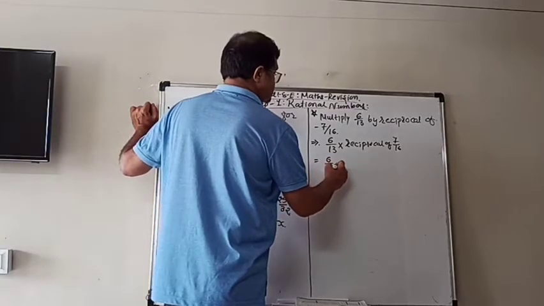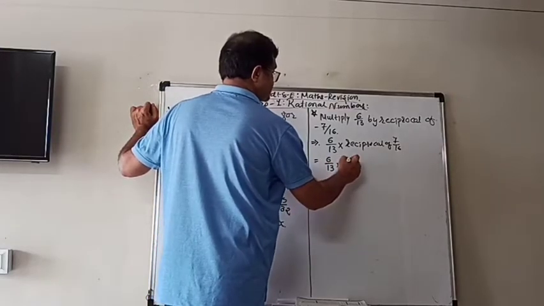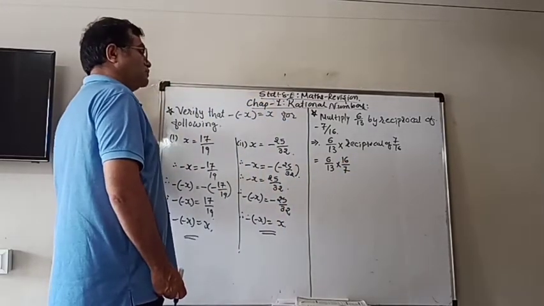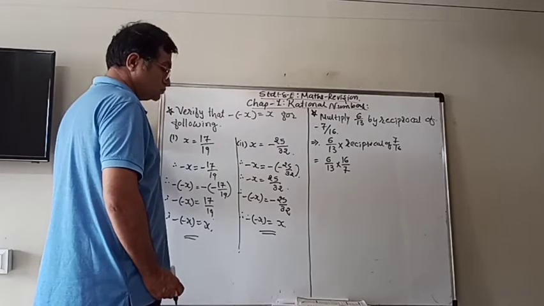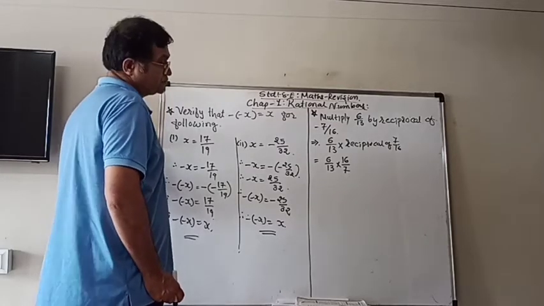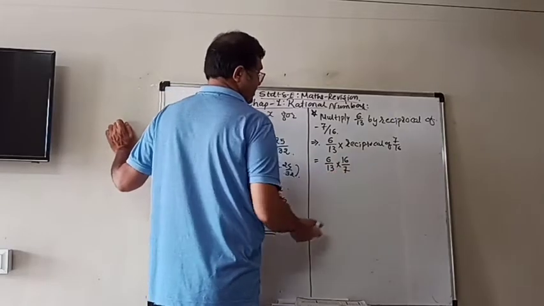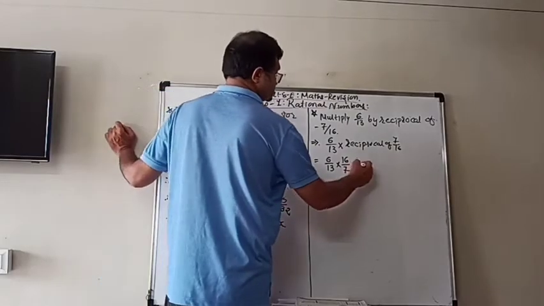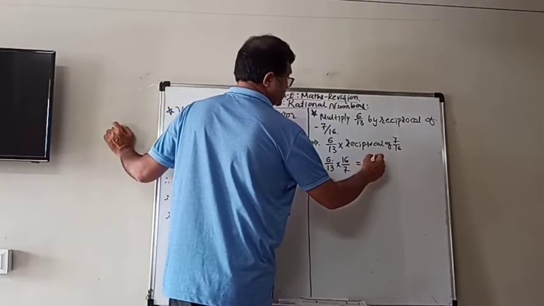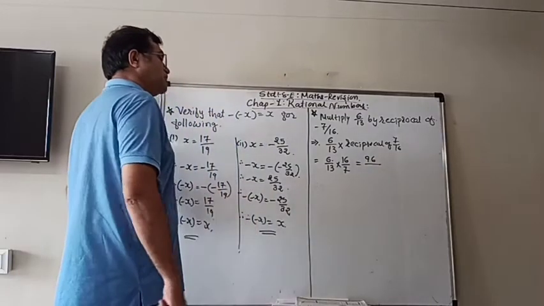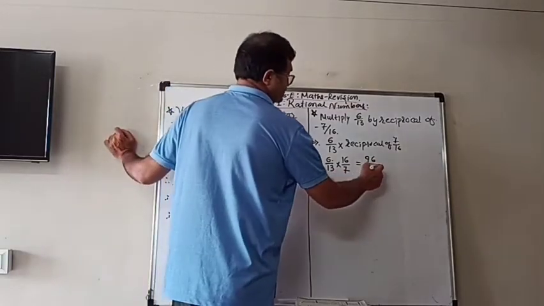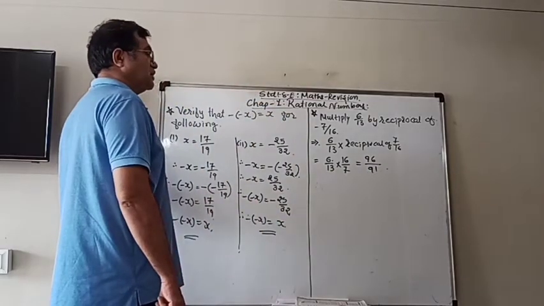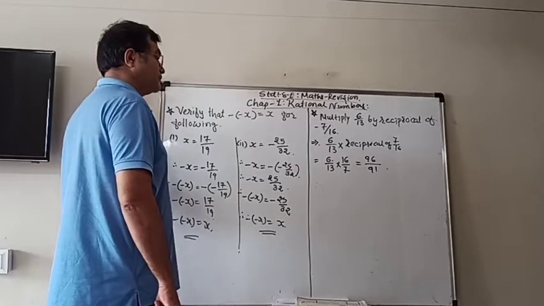So this is equal to 6 upon 13 multiplied by 16 upon 7. Now we know that there is no cancellation there. We cannot cancel any. So multiplication: 6 multiplied by 16 is 96 upon 13 sevens are 91. So 96 upon 91.